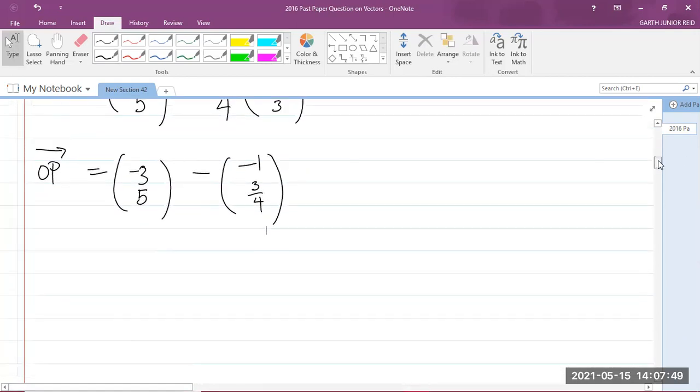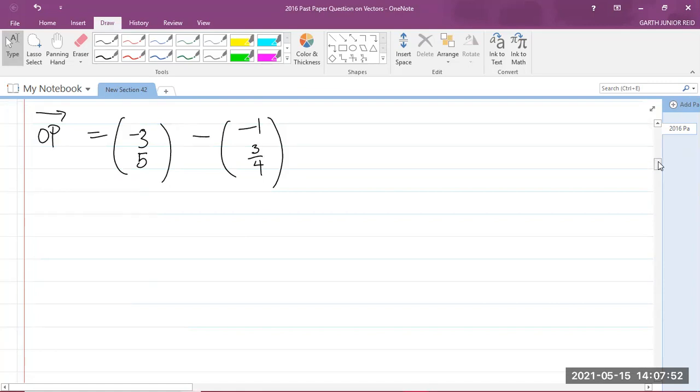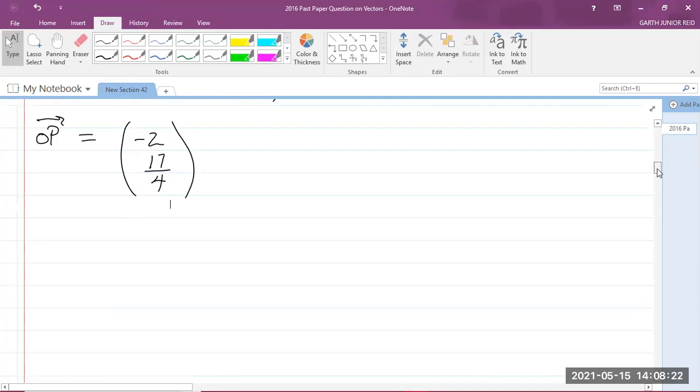So let us now subtract these two vectors. We can now say that vector OP is equal to negative 3 minus a negative 1, which will give us negative 2, and 5 minus 3 over 4, which is 17 over 4. So that is going to be our vector OP. Now remember, we need to state the vector OP as coordinates.